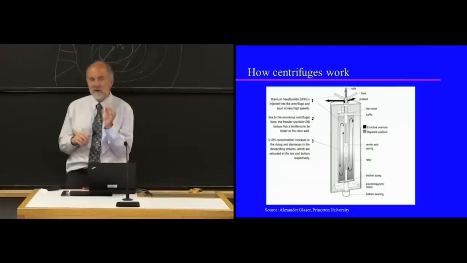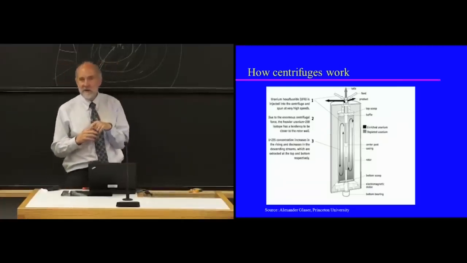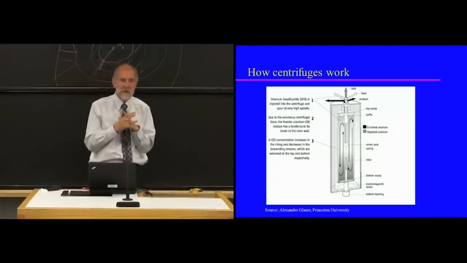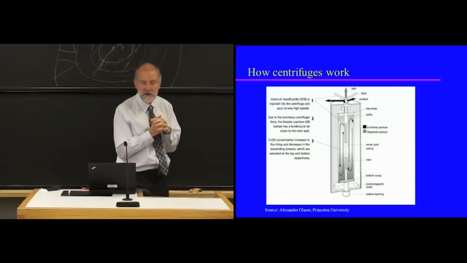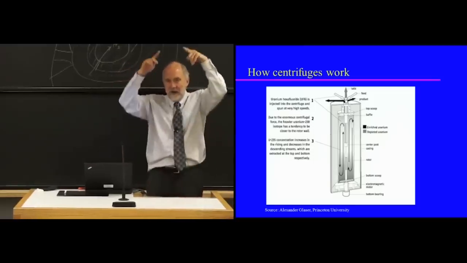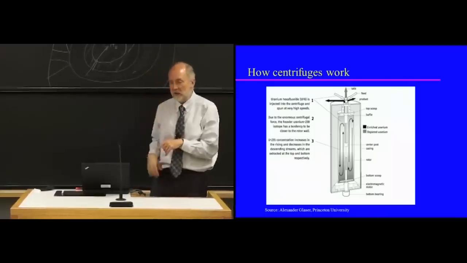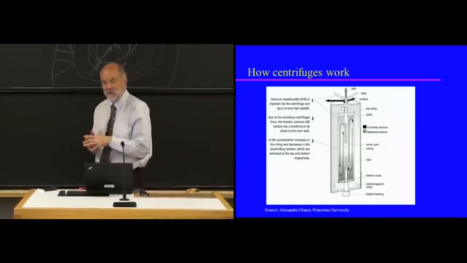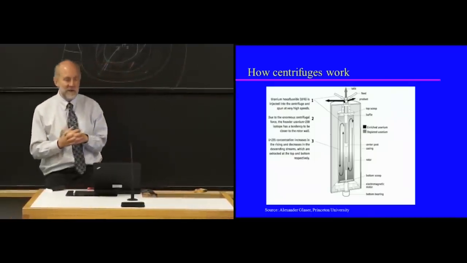Now, because designers are clever, a guy named Gernot Zippe in particular figured out that if you add a flow going up and down to the spinning action, you can actually make the whole system much more efficient.